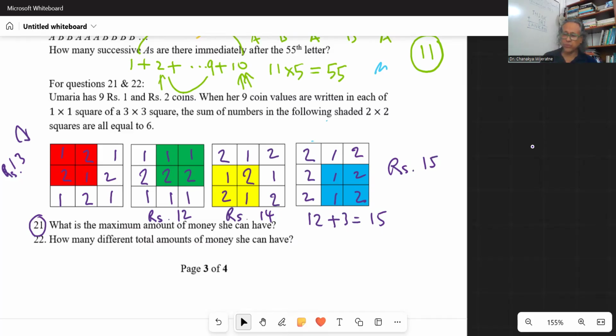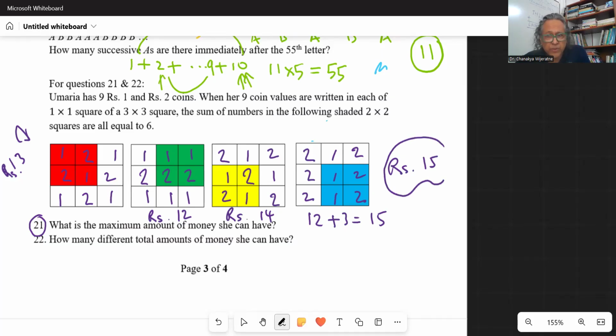Well, I leave it to you to find out whether there are other ways of arranging these ones and twos so that each shaded block has only 2 twos, and the numbers in the shaded blocks add up to 6. So I give my answer. It is 15 rupees.